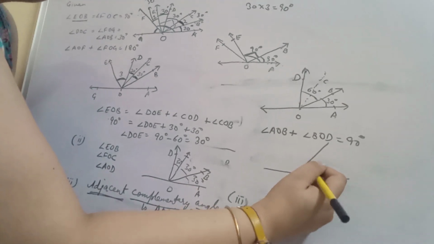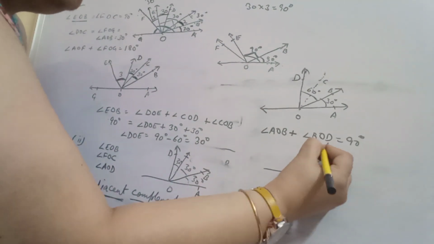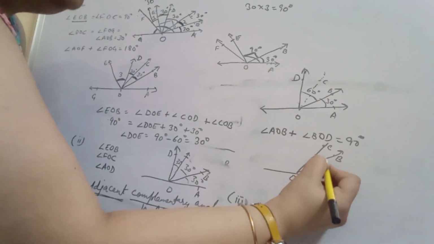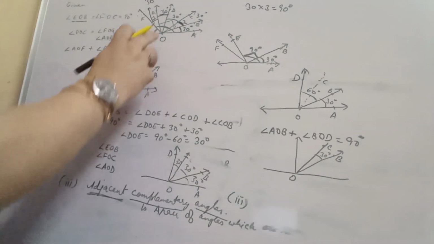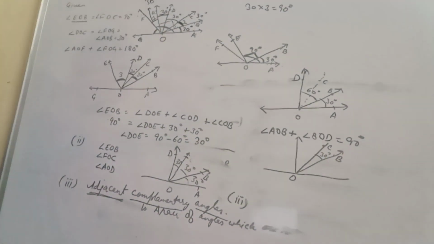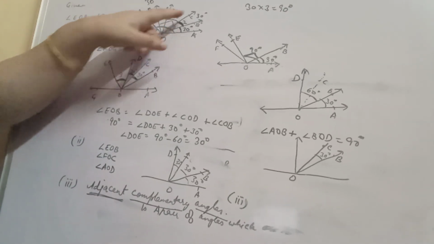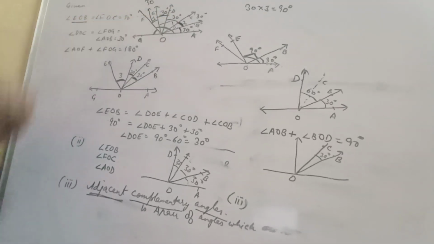It will be, let's say, starting with BOC. I have left this ray. BOC is 30 degree and my next would be EOC, because EOC is again giving me a 60 degree angle.